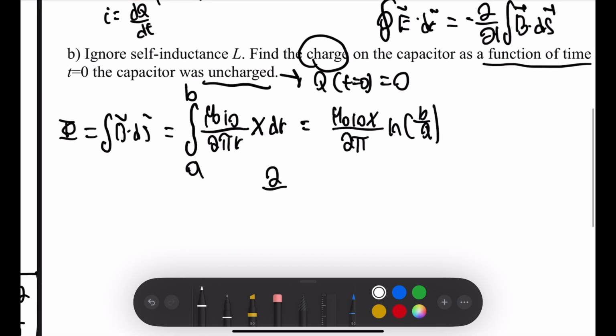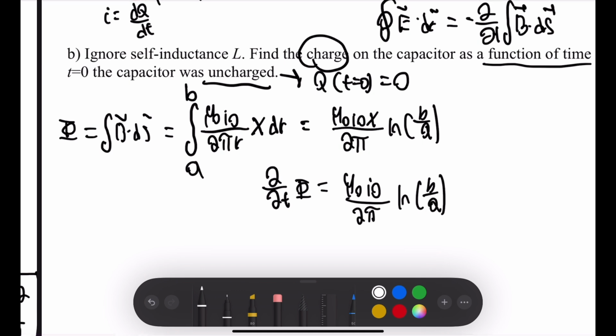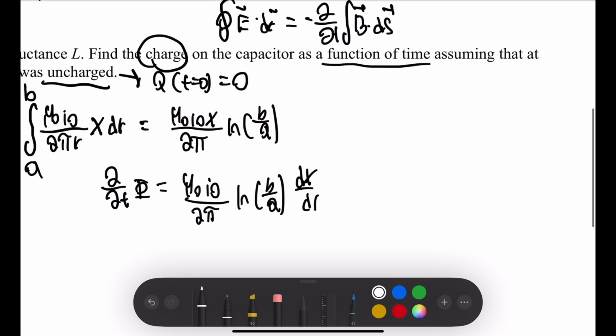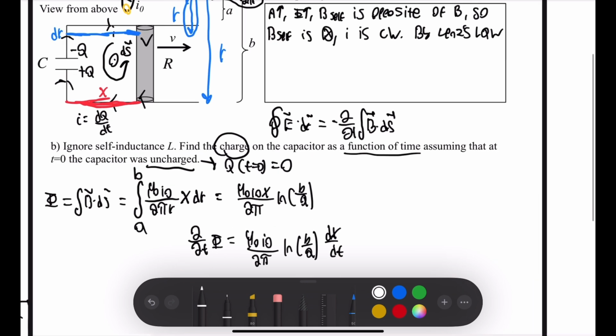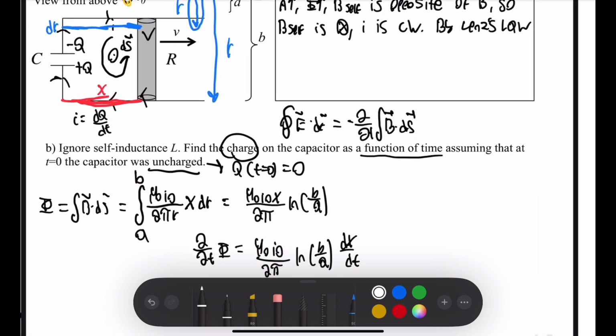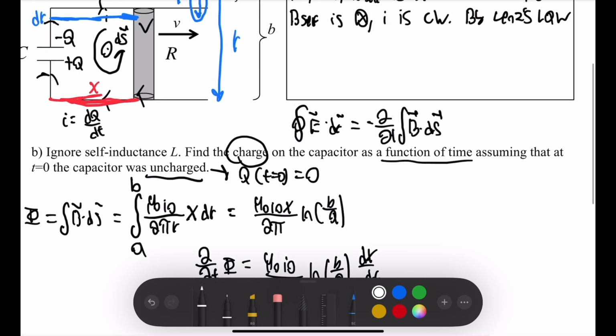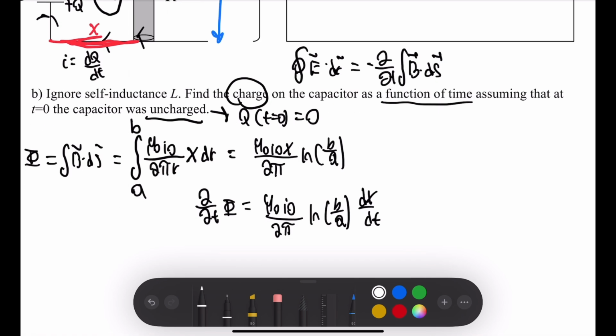Now I want to find the time derivative of this flux. So I will get mu naught I naught over 2 pi ln of b over a, and the only thing I can differentiate is the x, so this will give me dx dt. Is it positive or negative? I'm pulling the rod to the right, so dx dt is getting greater, the area is getting bigger, so this is going to be positive.